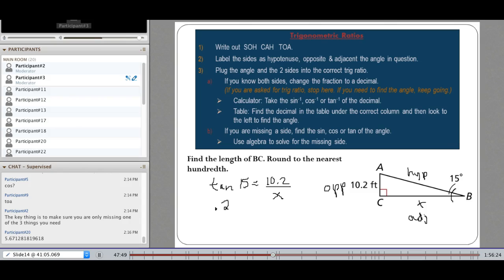So we have 0.27 equals 10.2 over x. This becomes 0.27x equals 10.2. Divide out your 0.27.